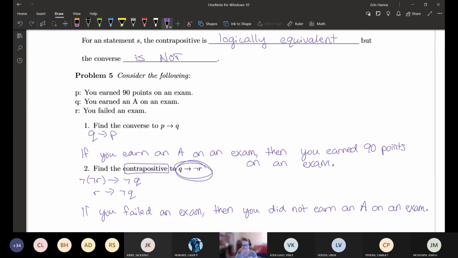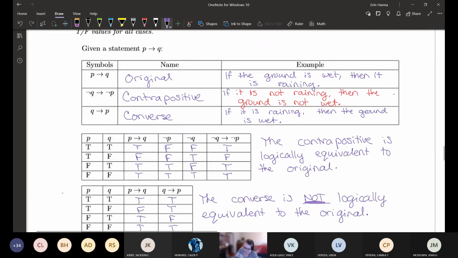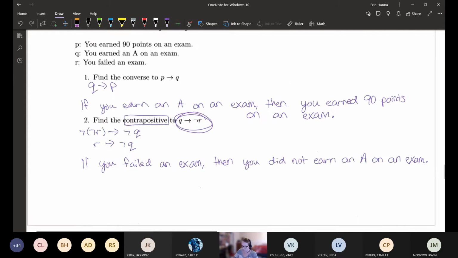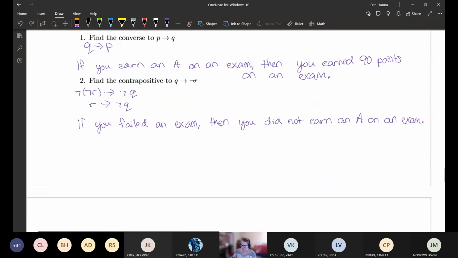So the original thing we're given is Q implies not R. But since we want to find the contrapositive, and the contrapositive takes the original and flips the things around and negates them both, that's why it suddenly becomes the R in the front instead of the Q. If I was writing the original statement, no, you're fine. In the original statement, the Q came first. Contrapositive, flip it over. All right.